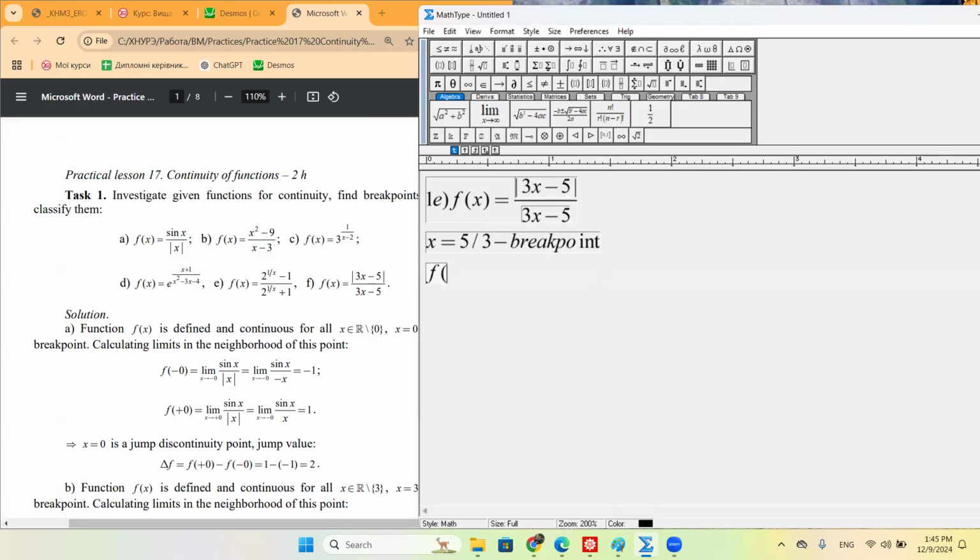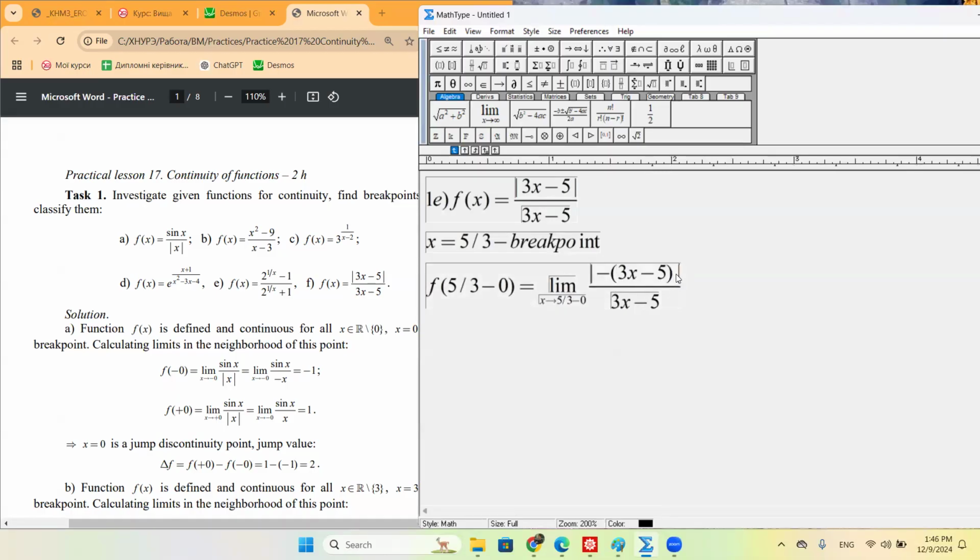Okay, so let's investigate. So f from 5/3 minus 0, so from the left. Now we need to properly open this modulus sign. So if 5/3 minus 0, it means that this value in the modulus will be less than 0.